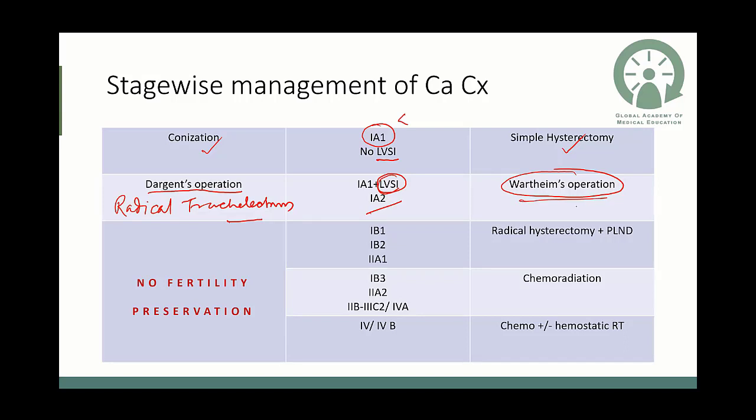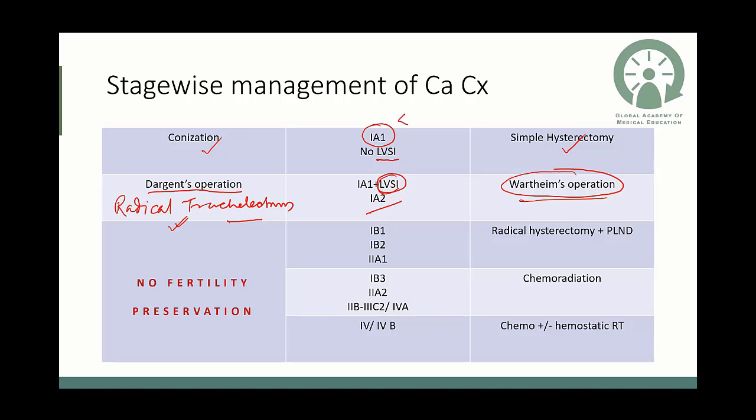So this is Wertheim surgery versus Dargent operation, which is radical trachelectomy, fertility preserving. Remember, this definitely causes short cervix and cervical insufficiency leading to preterm birth unless McDonald's suture or Shirodkar's suture or abdominal cerclage is taken.